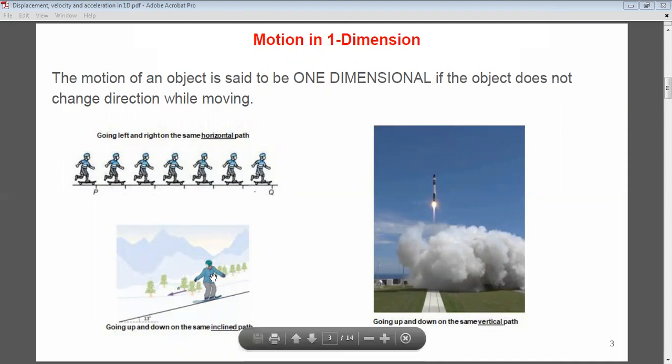It can be like this guy over here, skiing along a slope, or like a rocket, which goes up and down. In all these three cases, the object is moving only in one dimension. And this is the first chapter we will be dealing with: motion in one dimension.